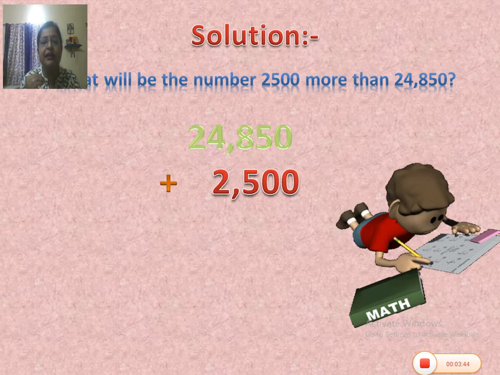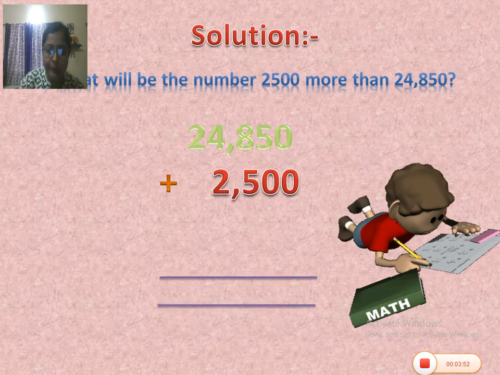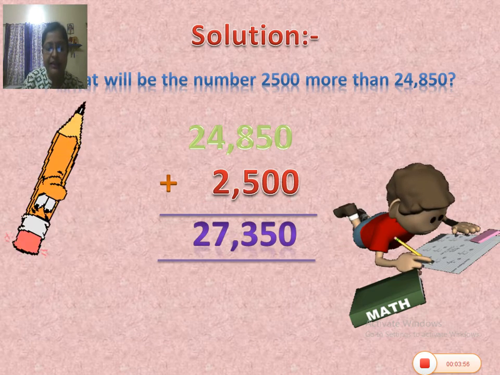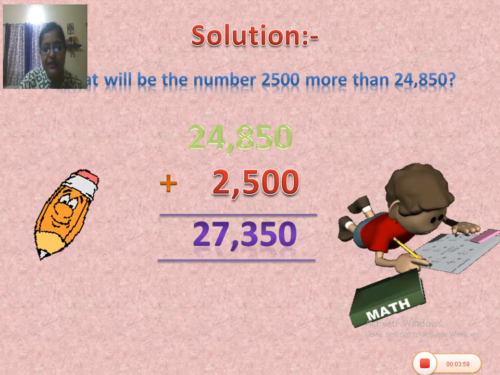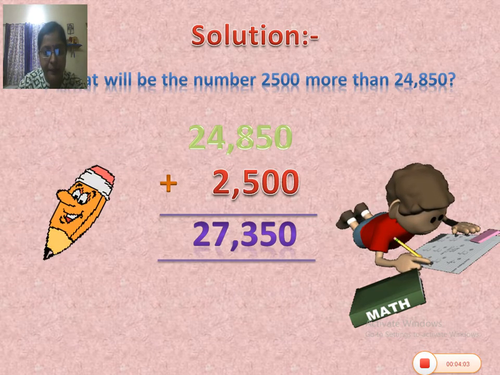Because we are increasing it by 2,500. The moment we solve it, we'll get our answer as 27,350.